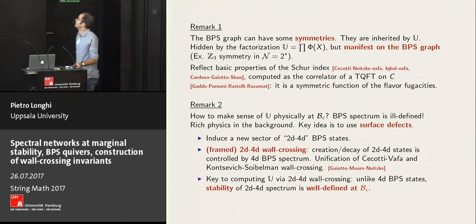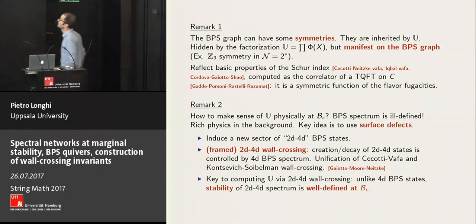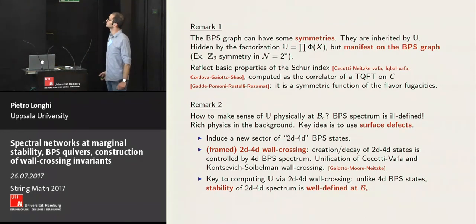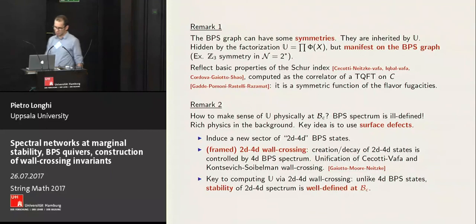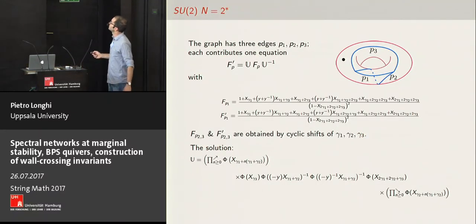Now, before I wrap up, a couple of important remarks. So first of all, it is sometimes the case that BPS graphs have some symmetries. And these are important because by construction, they're automatically inherited by the BPS monodromy. Now, in this example, you may see that there's a Z3 symmetry permuting P1, P2, P3.